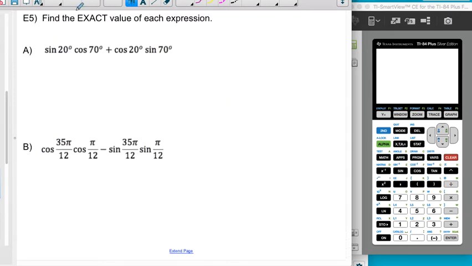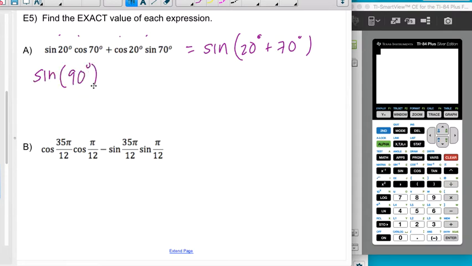All right, so in this case, now I'm given the reverse of the formula, and I'm asked to recognize what these are together. Well, this is sine, cos, sine. This is the sine of u plus v. Keep the sign. So this is the sine of 90 degrees, which is just a 1, because the sine of 90 is right here. This is cos, cos, sine, sine, change the sign.